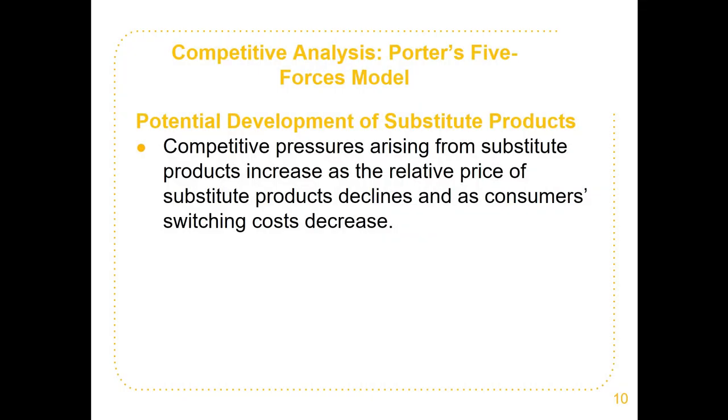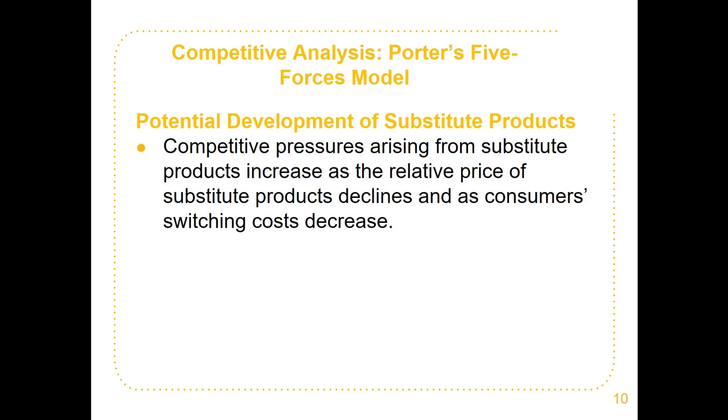The next one in the Porter's five forces model would be potential development of substitute products. Competitive pressures arising from substitute products increase as the relative price of substitute products declines and as consumer switching costs decrease.